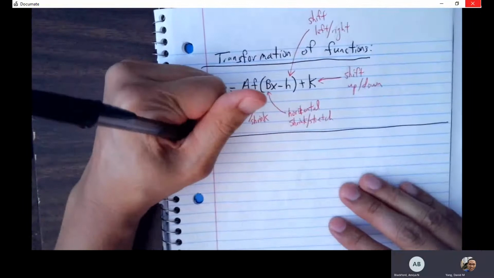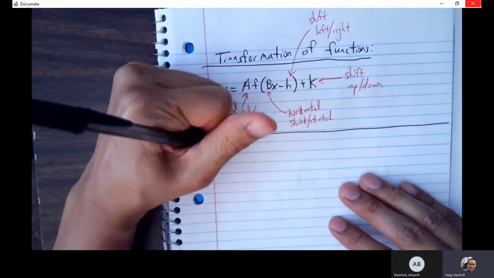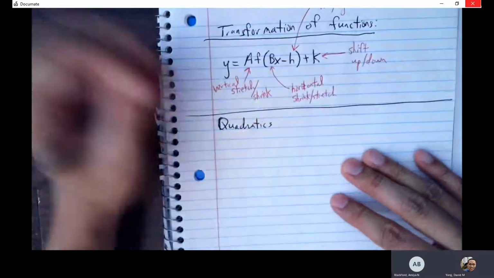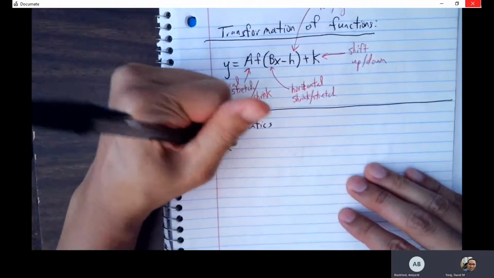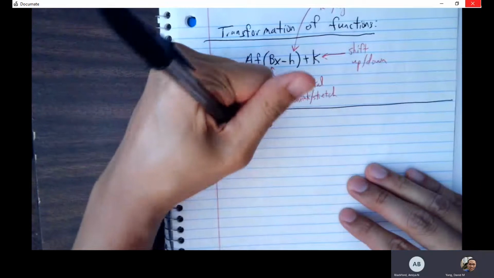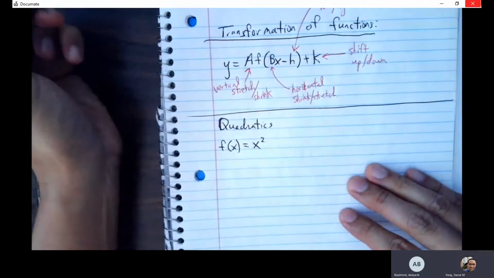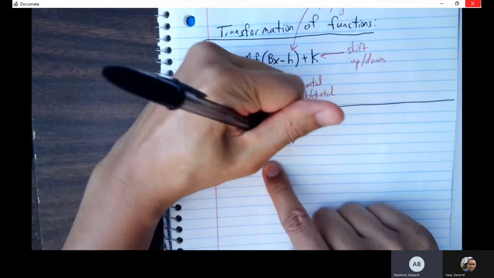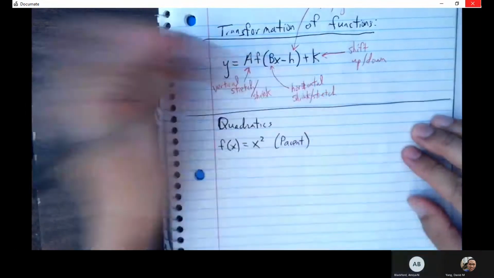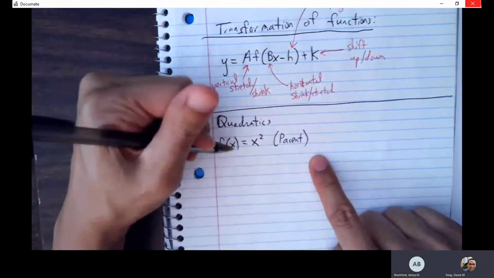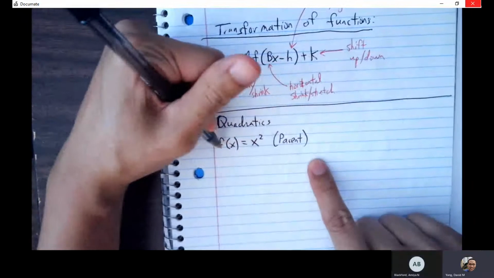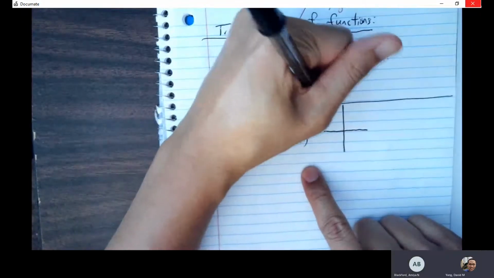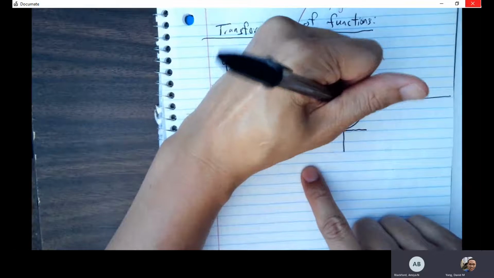So the first is quadratics. In a quadratic function, you have a parent graph, which is y equals x squared. This is the parent. You know what this looks like. You can enter this into Desmos, and this is the starting point.